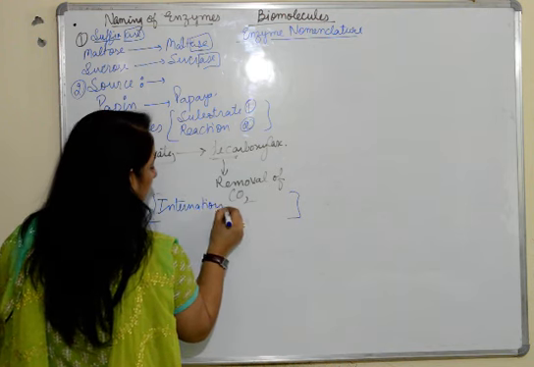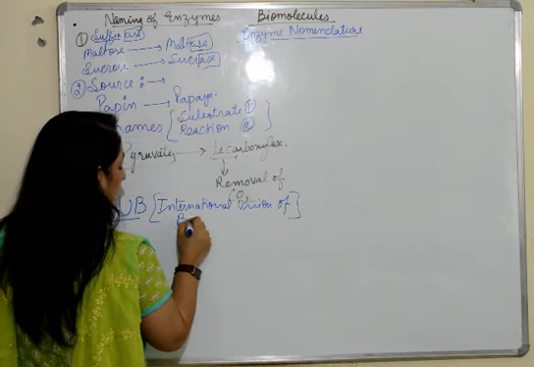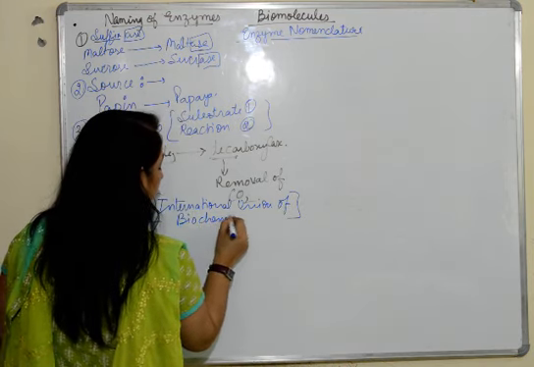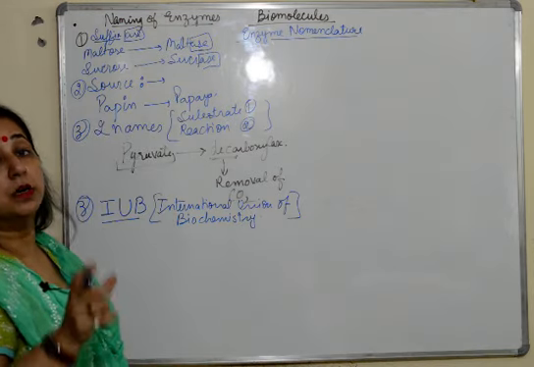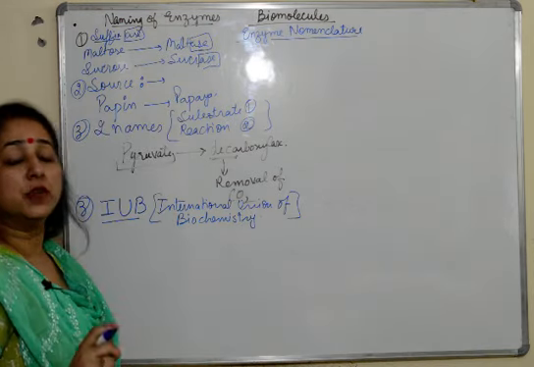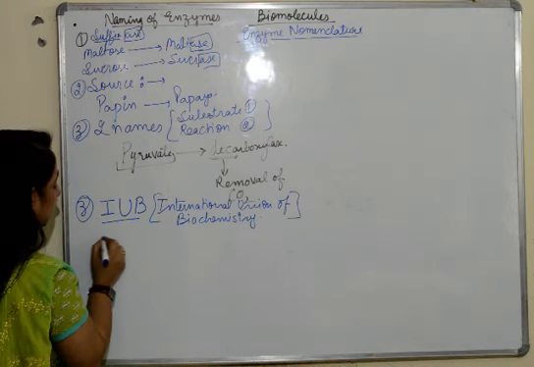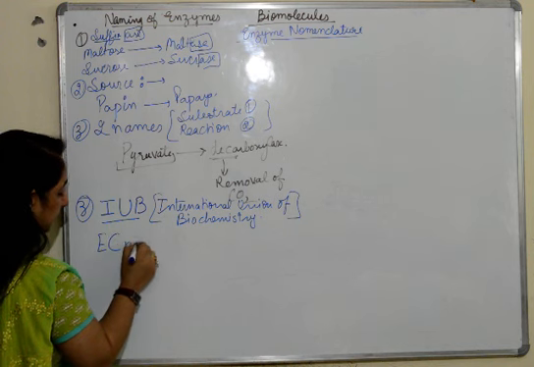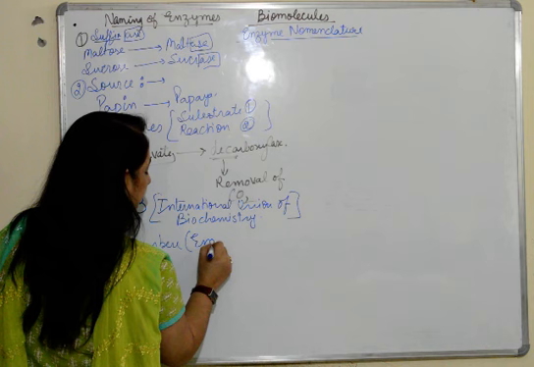This has given certain numbers to the enzymes, and on the basis of these numbers they have been given different names. These numbers are the EC numbers, that is Enzyme Commission numbers.